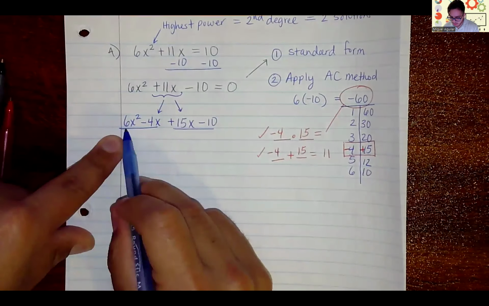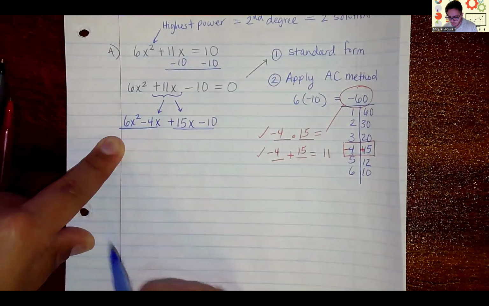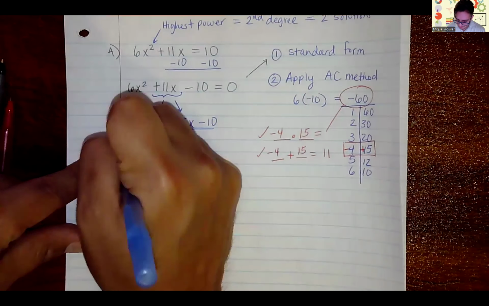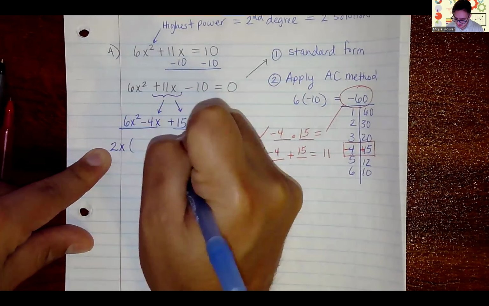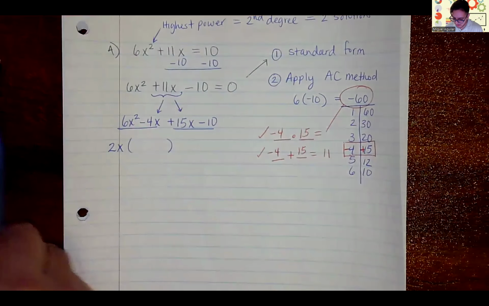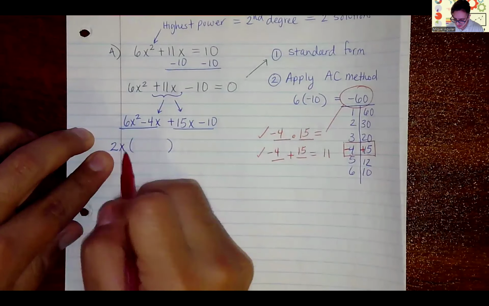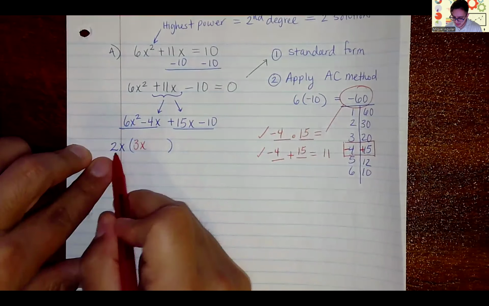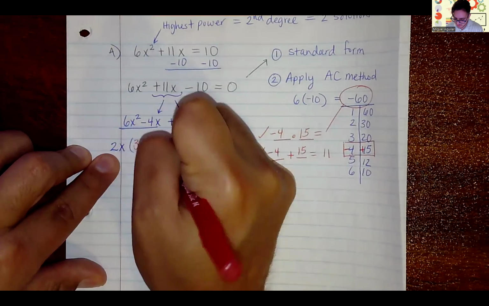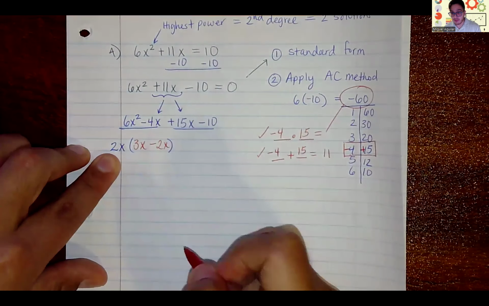So these two terms, what's a number that divides into 6 and 4 evenly? Well, that's going to be a 2. But they both have an x, so I'm going to factor out a 2x. Okay. So if I factor out 2x, 2x times 3x will give me the 6x squared back. 2x times negative 2x will give me the negative 4x.